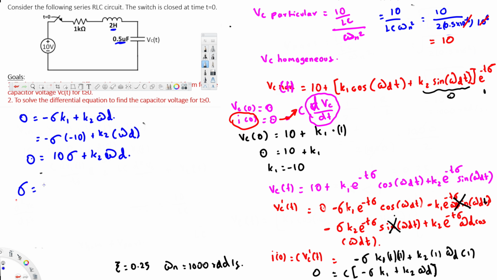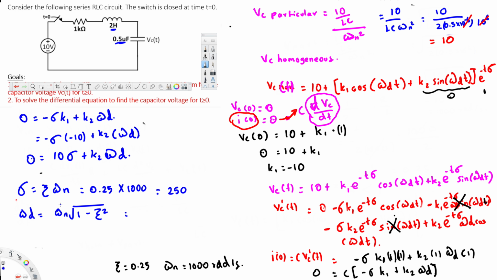Sigma is equal to zeta multiplied by omega n, and we know the zeta value, that is 0.25, times omega n is 1000, and if you multiply these two together, that's going to give you 250, right? This is our sigma value. Also we have to find the omega d value. To find omega d, we can use this equation, that is omega n times square root of 1 minus zeta square.